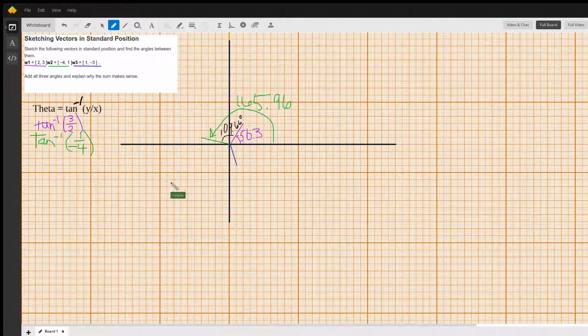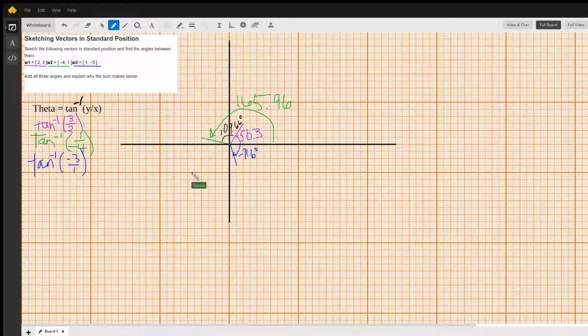Okay. Then, for the blue one, we do the tangent inverse of -3 over 1, and we find that this angle is -71.6 degrees.